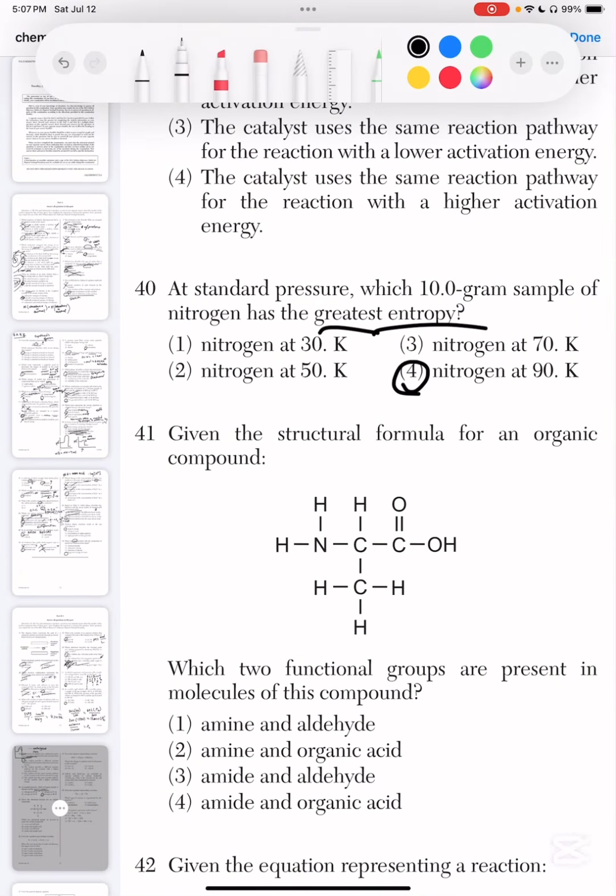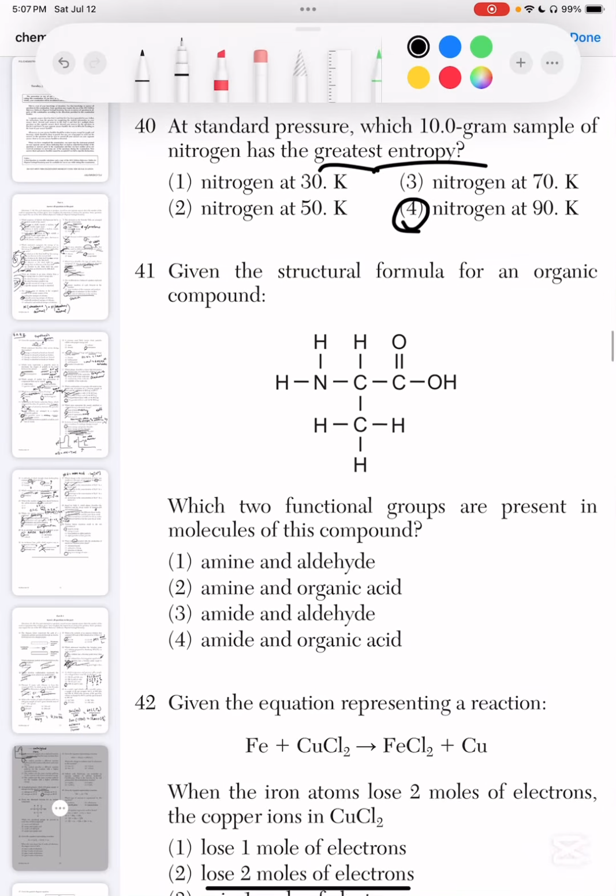Because you're at a higher temperature, you have higher average kinetic energy, so the particles are moving like crazy. And if the particles are moving faster, naturally there's more disorder, because the particles are moving more randomly and very quickly. So, yeah.